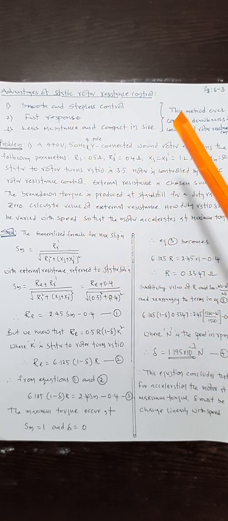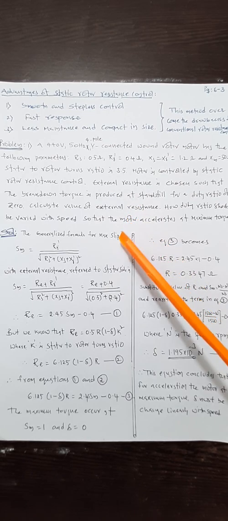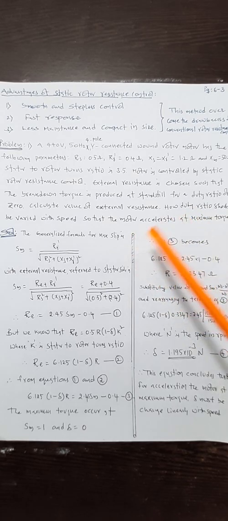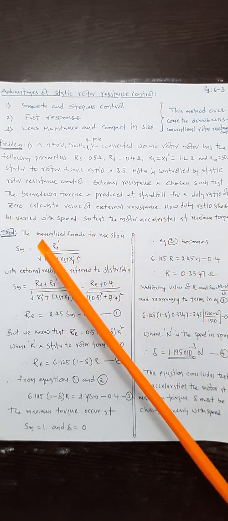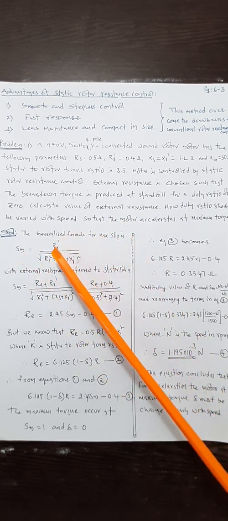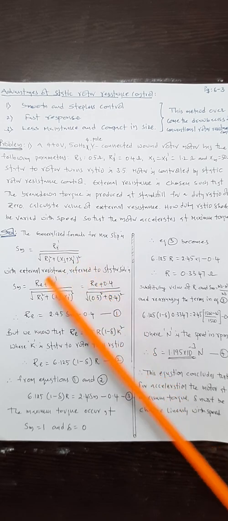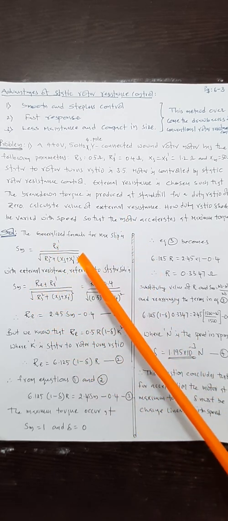This is the problem belonging to the static rotor resistance control. Here all the parameters are given. Let us solve the problem. There are two unknowns: one is the calculation of external resistance, and the other is the relation between delta and speed. So let us start with the generalized formula for maximum slip. Sm is equal to Rr dash divided by square root of Rs square plus (Xs plus Xr dash) whole square. With the introduction of the external resistance, this formula has to be changed.